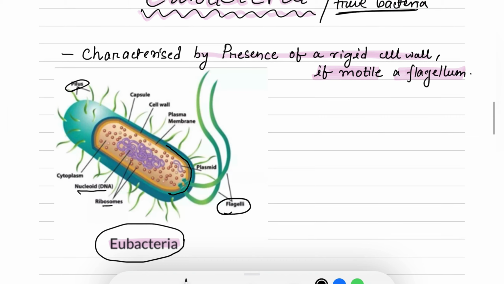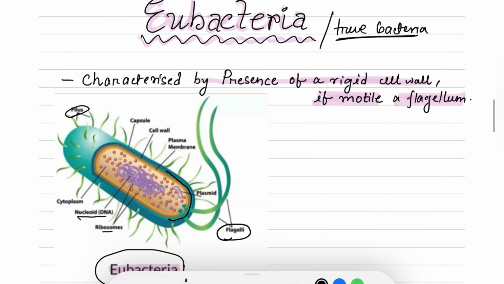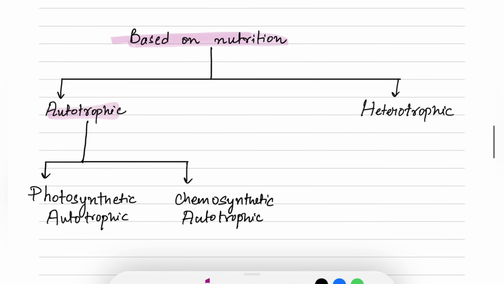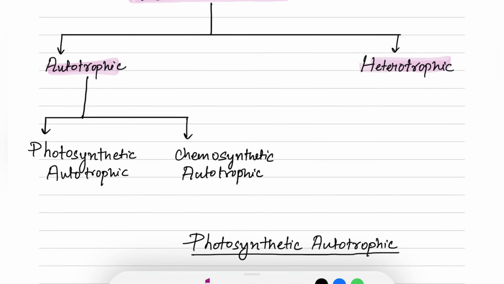Now, according to our NCERT, Eubacteria are classified based on nutrition, whether they are autotrophic or heterotrophic. Autotrophic is further divided into photosynthetic autotrophic and chemosynthetic autotrophic.